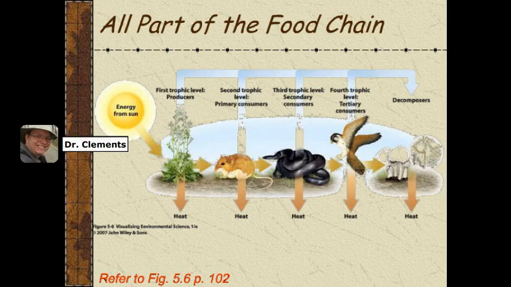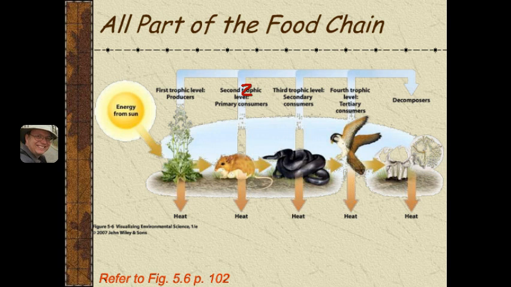So the plants, they have captured the energy from the sun. They have put together the matter from the abiotic part of the environment. And since they do more photosynthesis than respiration, they have grown. They have accumulated biomass. And that biomass is of interest to the second trophic level, the first consumers.